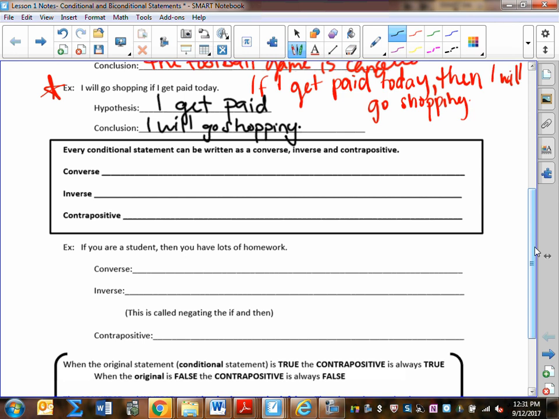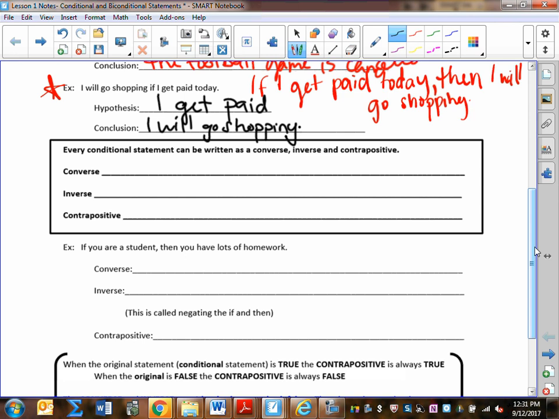And I could change this up again. If I don't get paid today, then I won't go shopping. Is that true? Or maybe I change it up even more. If I do not go shopping, then I did not get paid. So those are variations, ways we can move things around, and it's helpful for us to see if we can make those conclusions from that. So let's talk about what each of these are.